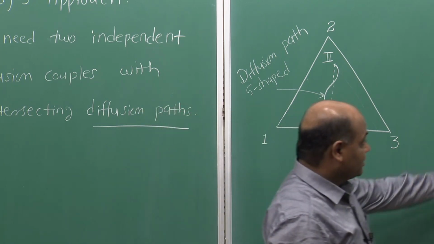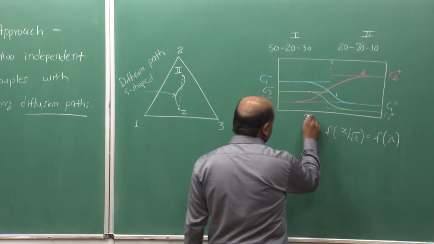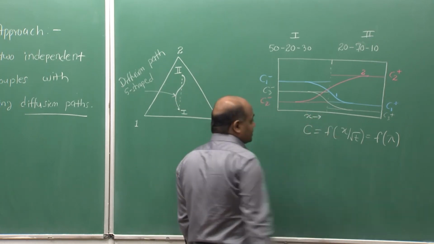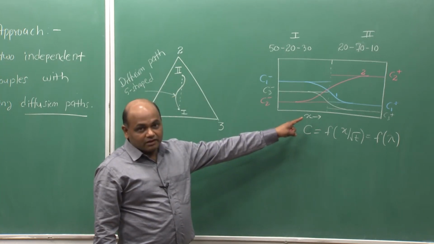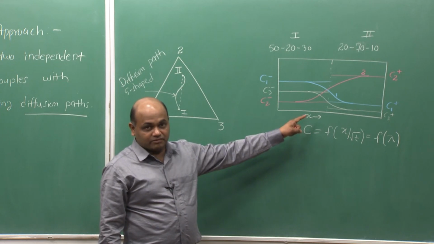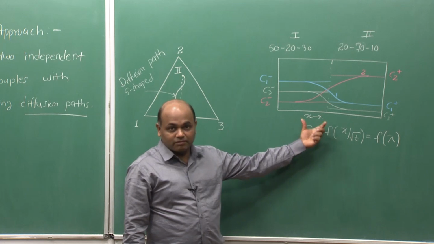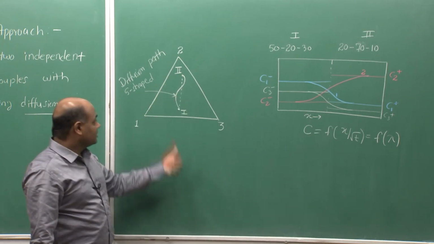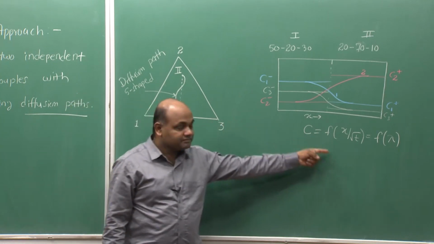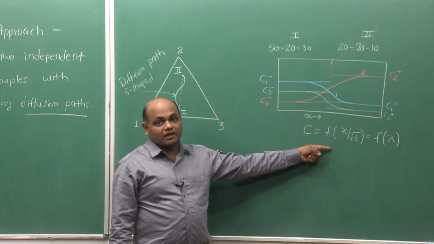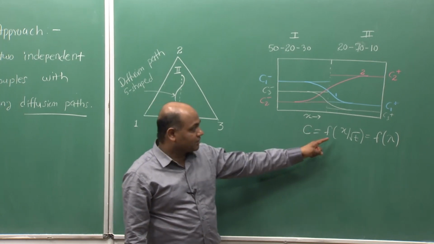We have seen if we plot concentration versus distance, the x axis here is the distance coordinate, it is a function of time. With time, each composition plane is moving and the diffusion profile is broadening, but not so with the diffusion path. And this is because in an infinite diffusion couple, each composition plane moves parabolically with time.